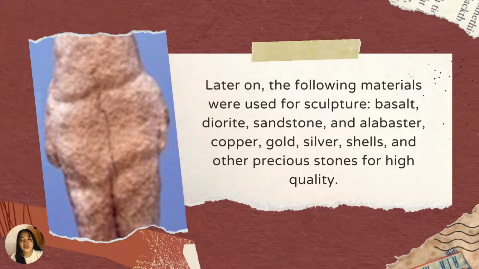In addition to bone and wood, artists also sculpted in stone, especially softer varieties like limestone, steatite, and sandstone, as well as harder varieties like quartzite and serpentine. Clay and terracotta were also widely used in Stone Age figurines.